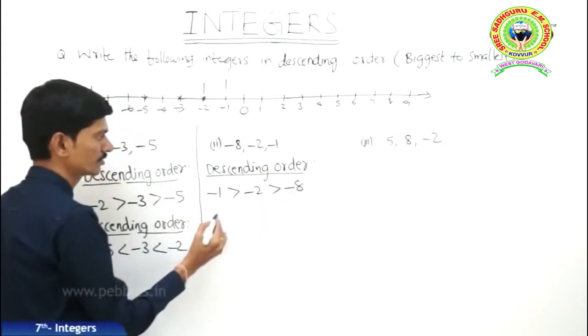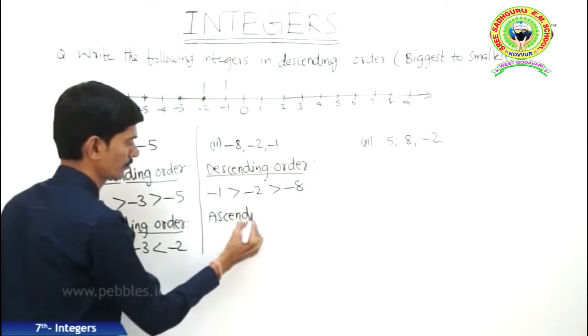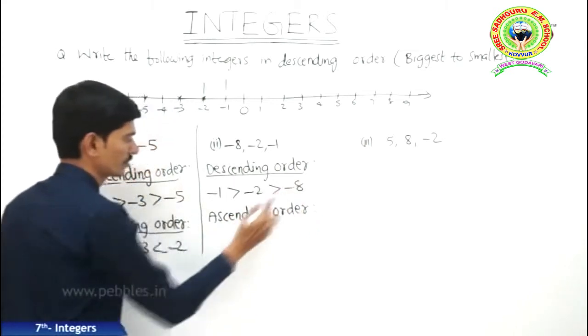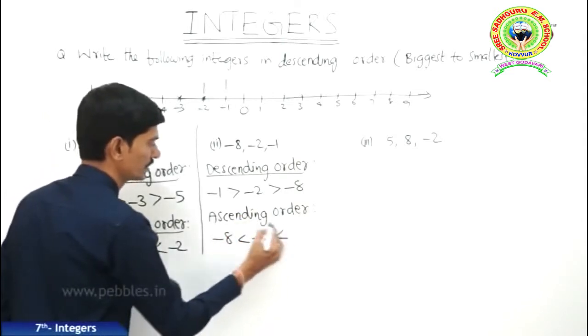And if you write all these three integers in ascending order, -8 is less than -2 is less than -1.